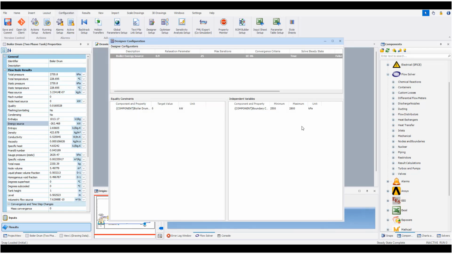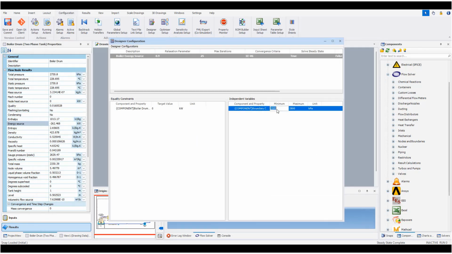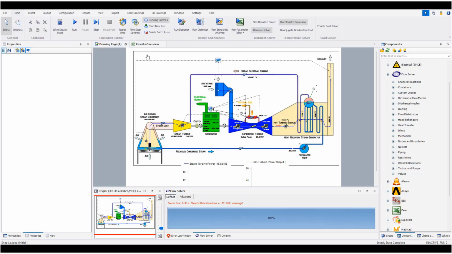We put this constraint here, and if you look here, okay, this is the pressure boundary condition applied to the boiler drum, and it can be changed in the range of 2500 up to 2800 kilopascal. So if I run this designer and see what's happening, okay, can we optimize the boiler system so that we see zero energy source?